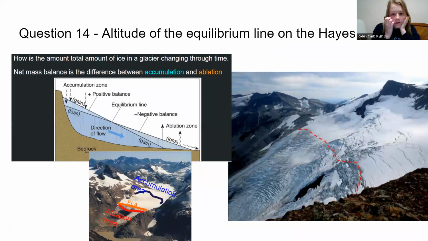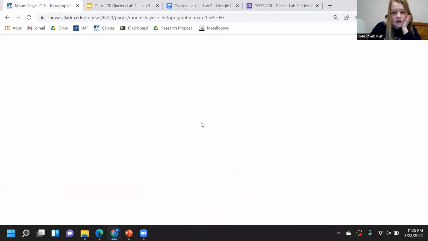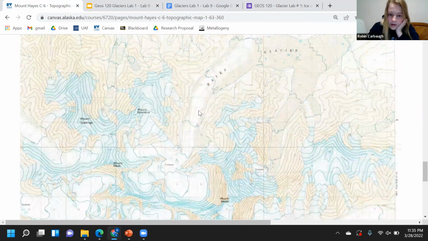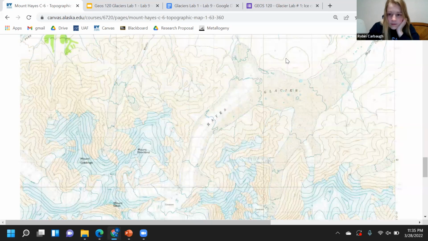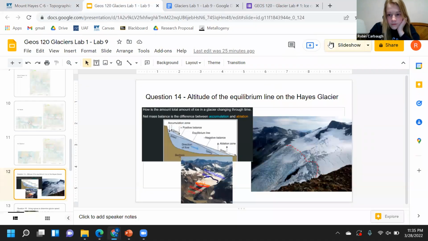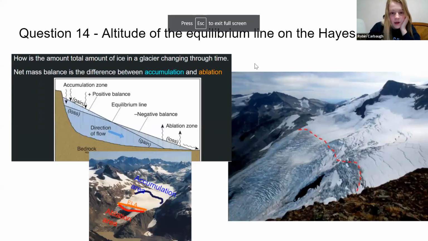And then I'll introduce a little bit of terminology for question 14. It's asking about the altitude of the equilibrium line on the Hayes Glacier. So let's see if I can point out the Hayes Glacier. Here's the Hayes Glacier here, right? And then we see all the different lines there. So this equilibrium line is this balance between accumulation and ablation.